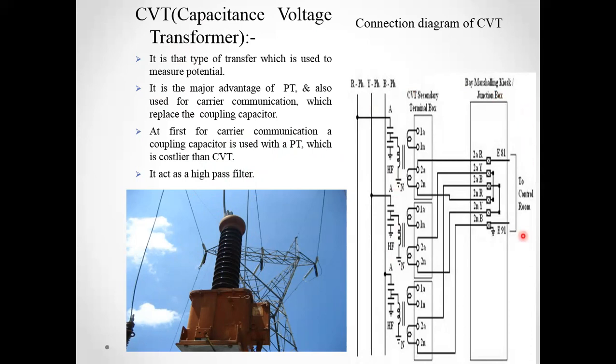This is the circuit diagram of CVT. Here you can see R, Y, B. All these are the cable wires, and the CVT has a terminal box. From here it will go to the control room.